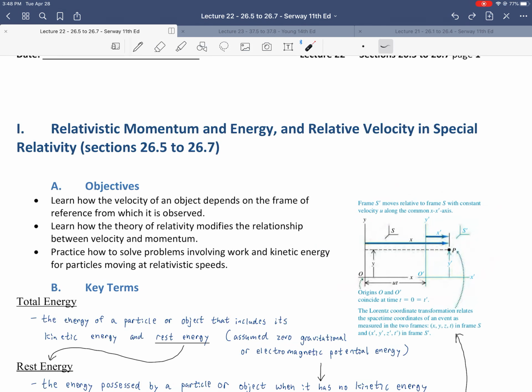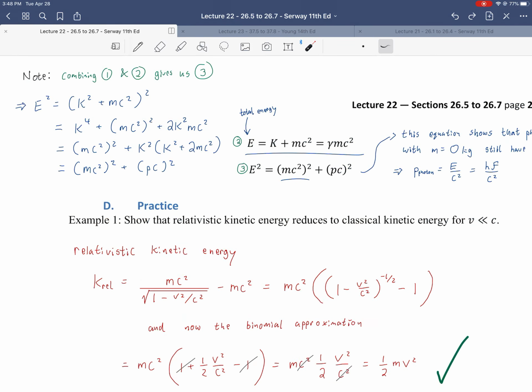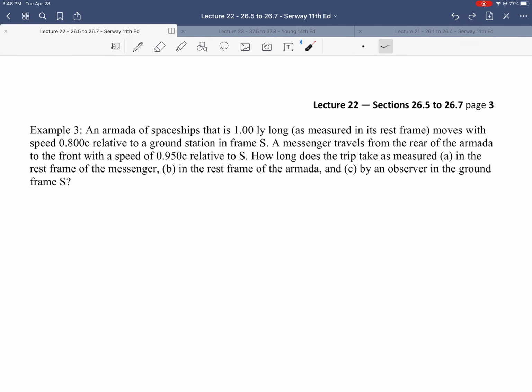So that's going to involve using this idea here, because we have the rest reference frame, we have the Armada reference frame, and then we have something that's moving relative to the rest reference frame, and that's going to be the messenger. So that's the rocket or whatever, the third object.